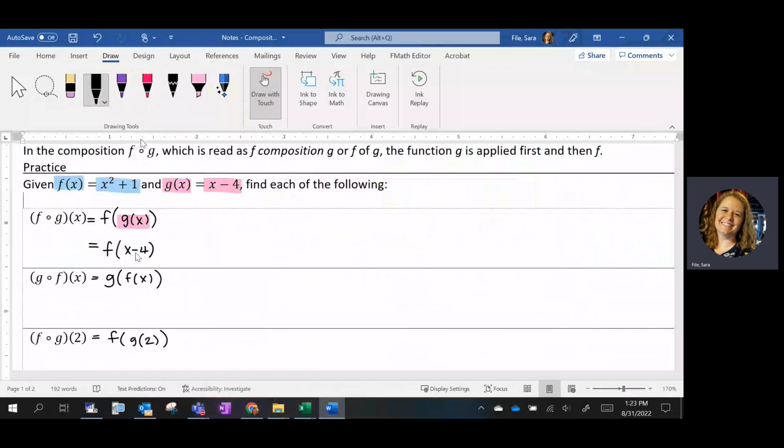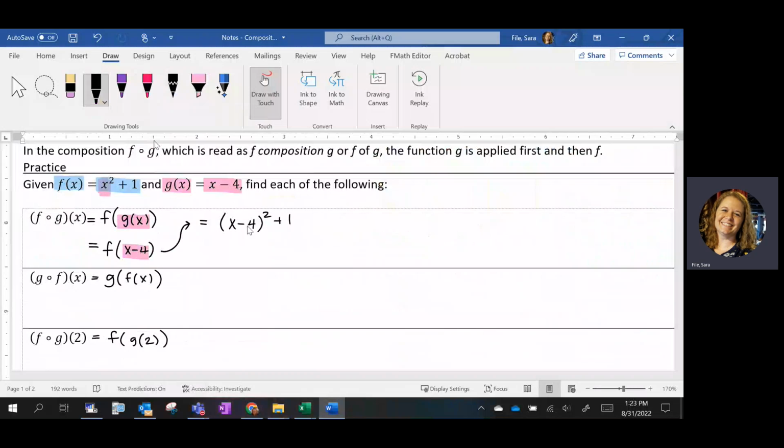They're telling you to have x minus 4 be the input to the f function. Your input goes in place of x. So they're saying come right here and replace x with x minus 4. So that is x minus 4 squared plus 1.